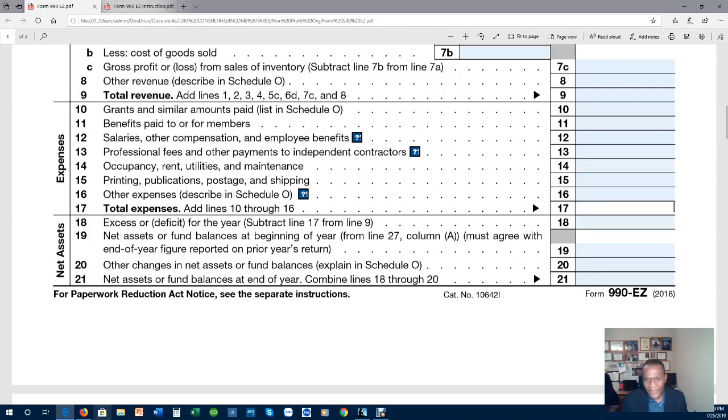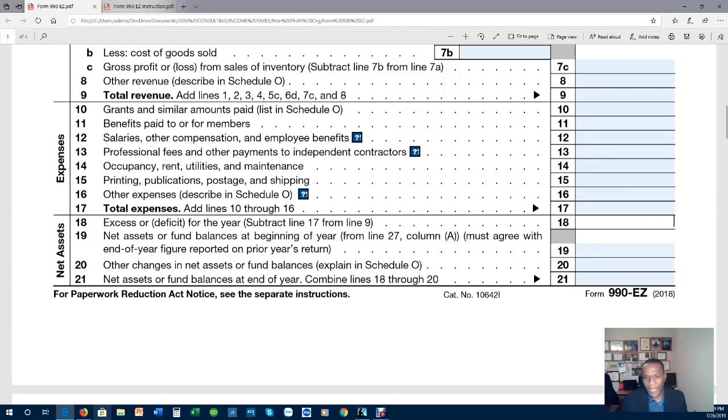Excess or deficit for the year: basically you will subtract line 17, which is your total expenses, from line 9, your total revenue, to indicate whether you have excess revenue or a deficit for the year.